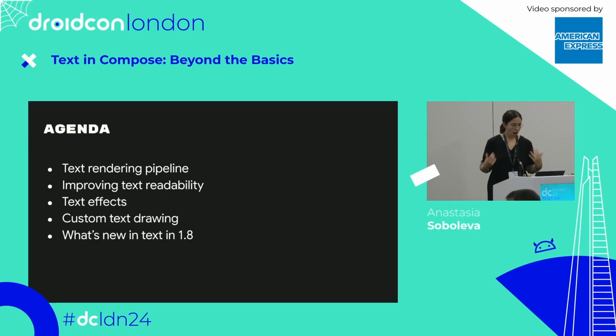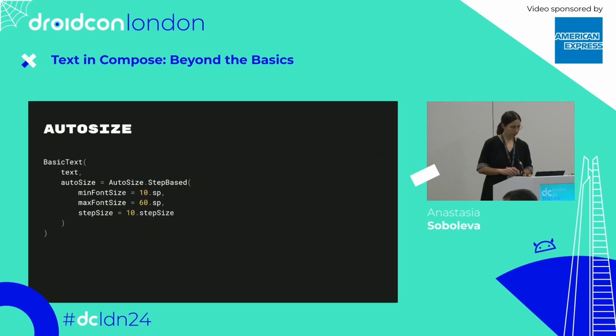Okay, so to finish this talk, let me tell you what changes are coming to text in Compose 1.8. Firstly, I was saying that you can implement autoSize using TextMeasurer. Well, in reality, you won't need to anymore. As Roman suggested in his talk earlier, please do update to the latest Compose version.